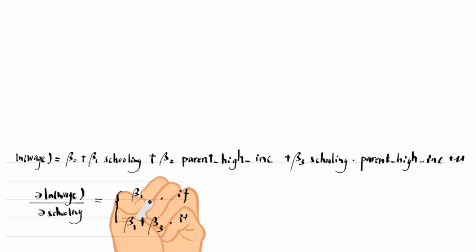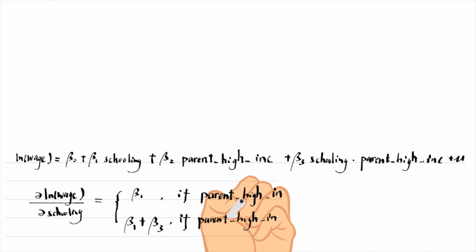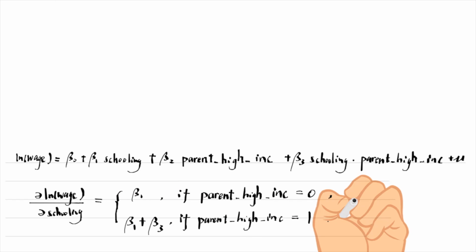The marginal effect of years of schooling on wages is beta 1 for workers growing up in low-income families. It is beta 1 plus beta 3 for workers who are raised in high-income families. The interaction term helps to find a return to education for these two different groups.